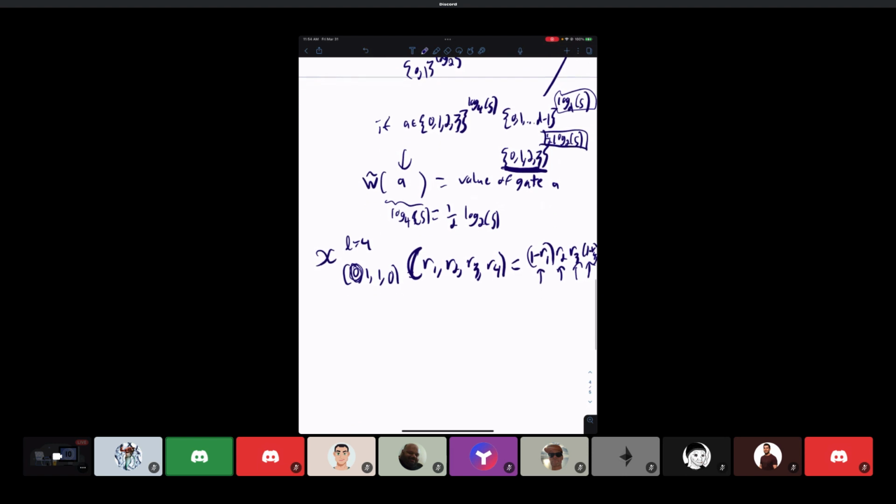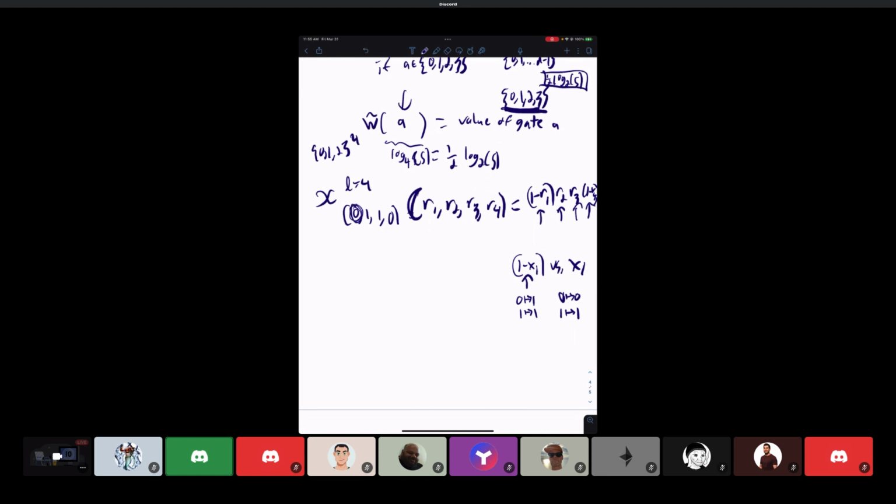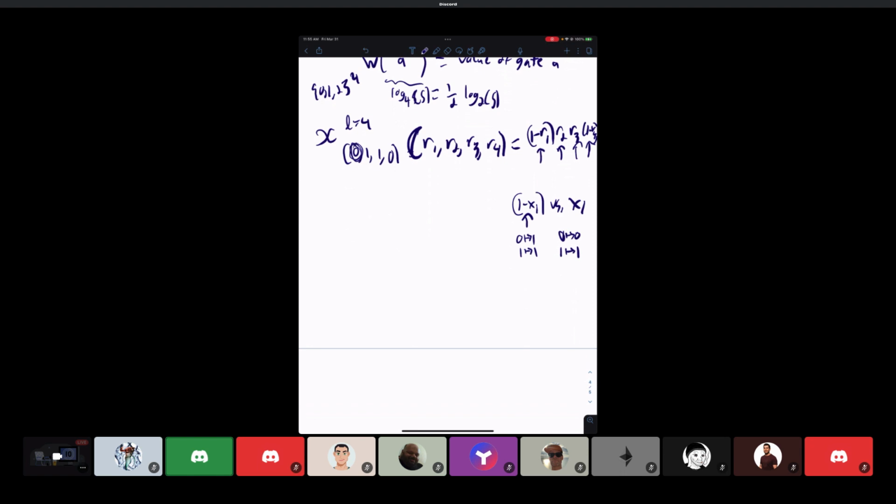And just for illustration, if your interpolating set was not {0,1}^4 but rather, say, {0, 1, 2}^4, the basis polynomial would have to change. Basically, rather than dealing with either 1 minus x1 versus x1, where one maps 0 to 1 and 1 to 0, and the other maps 0 to 0 and 1 to 1, instead you'd have 3 options, depending on whether you're picking out 0, 1, or 2.